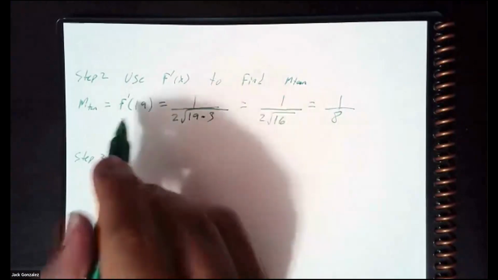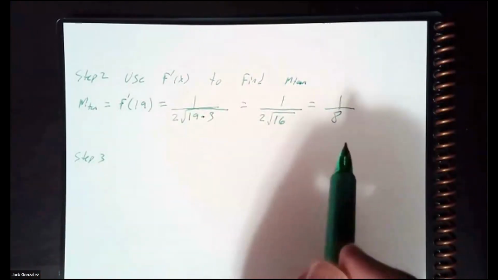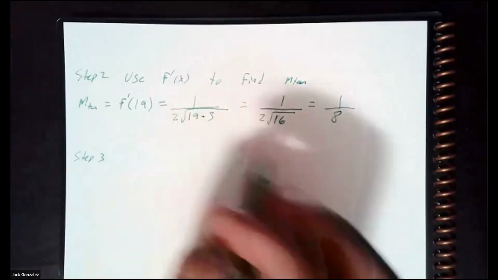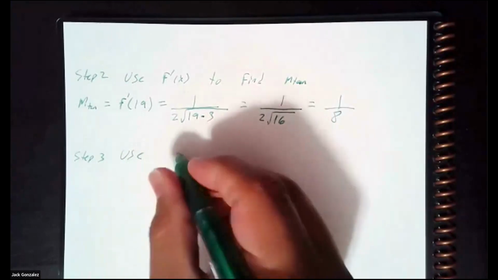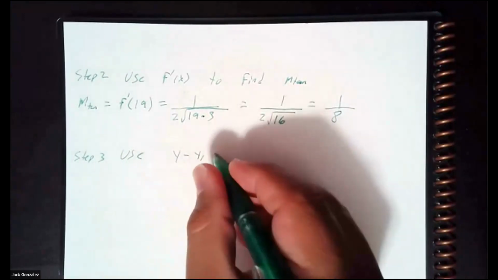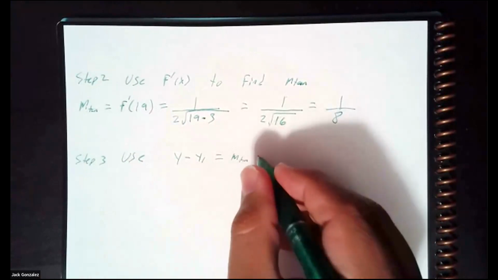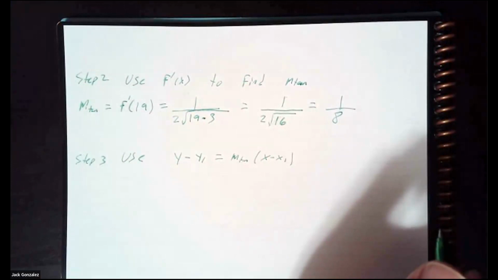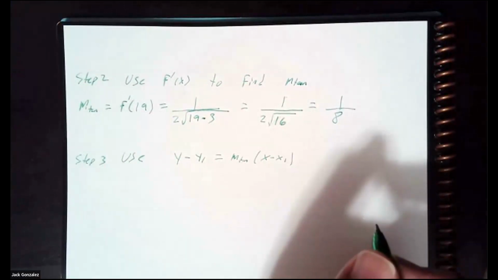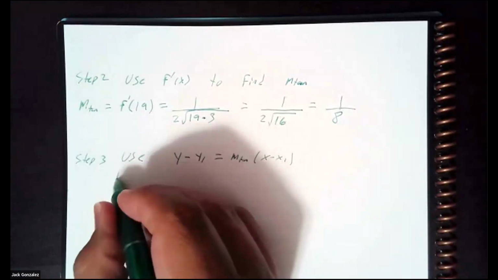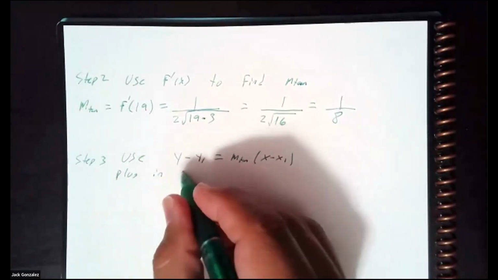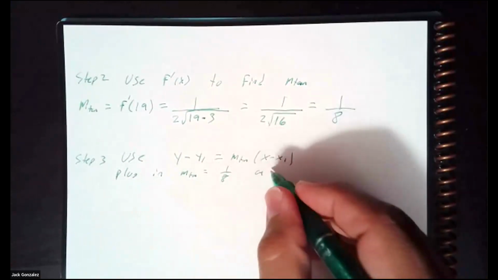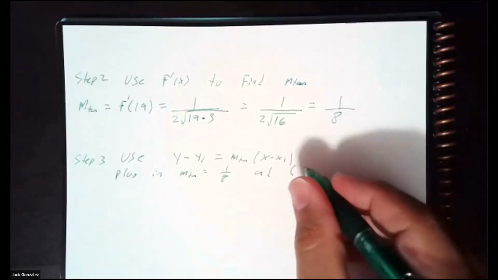So step 2, you use the derivative to find the slope of the tangent line. That's one of the applications of derivatives. Step 3, to find your equation, plug in m tangent, which is 1/8, and the point 19 comma 4.